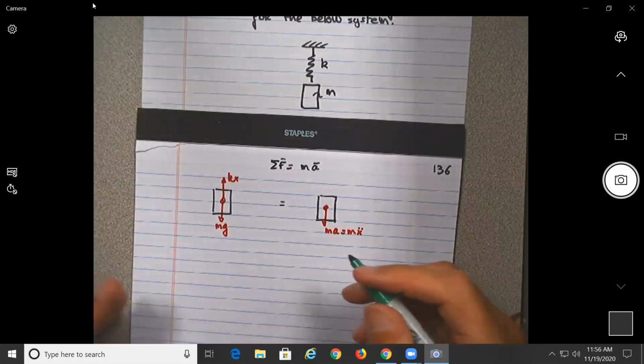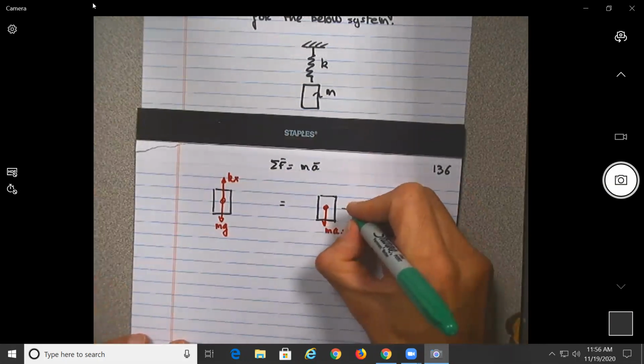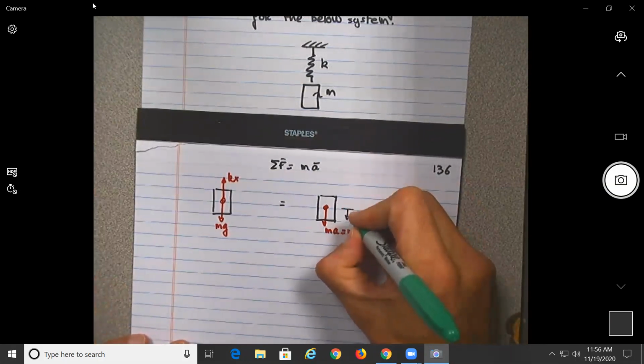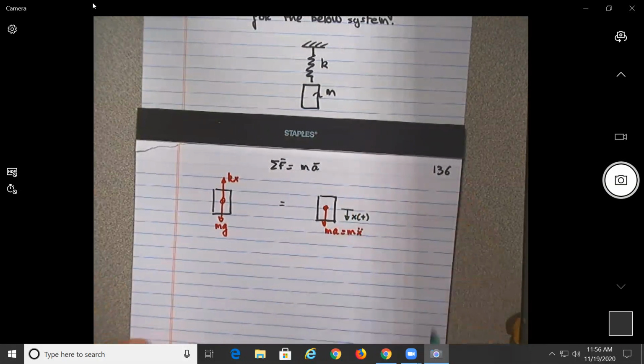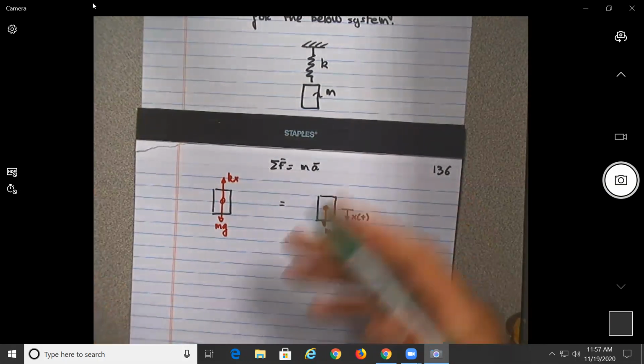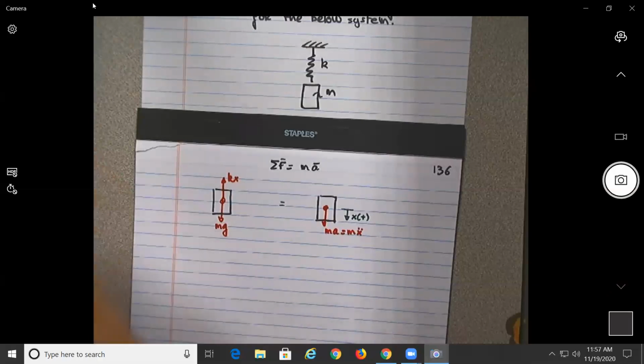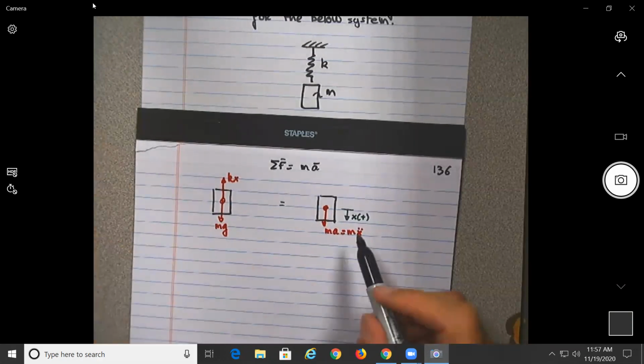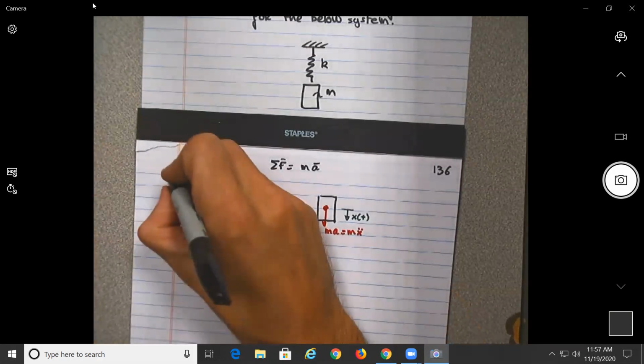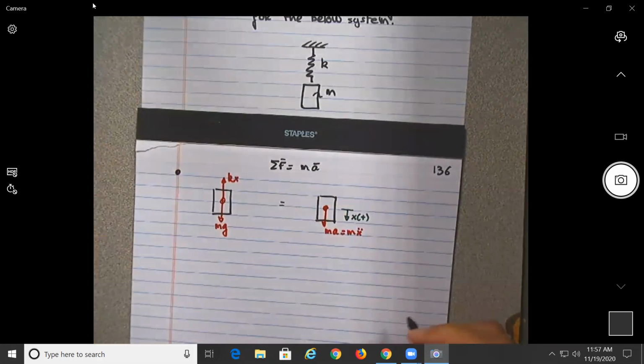So we need to specify some type of reference frame. Here, probably the easiest is to specify that one as being positive. Okay, I mean, you can do it differently, but it's fine. So this is generally the first thing you do, the figure or free body diagram.